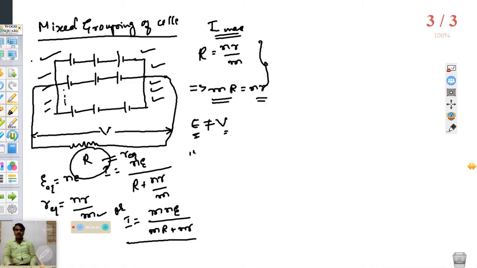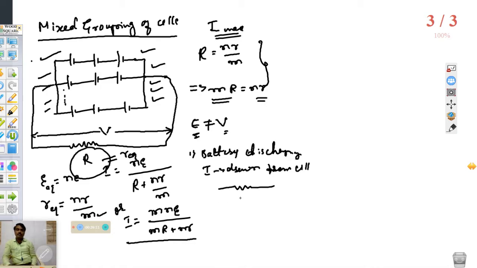In certain cases, like if the cell or the battery is discharging, discharging in the sense, if the current is drawn from the cell, then for example an external resistance is there.